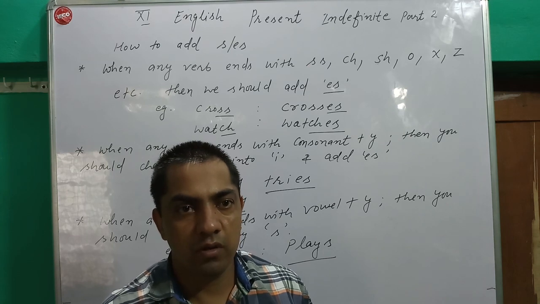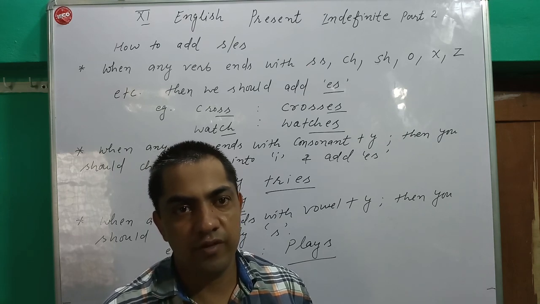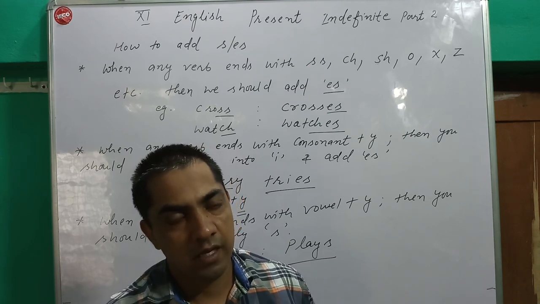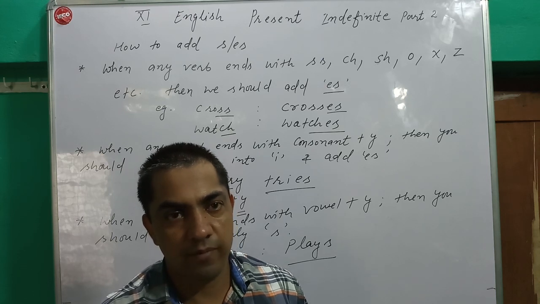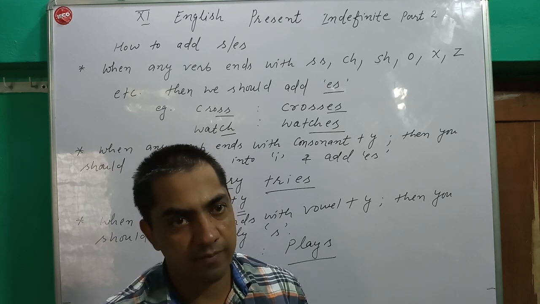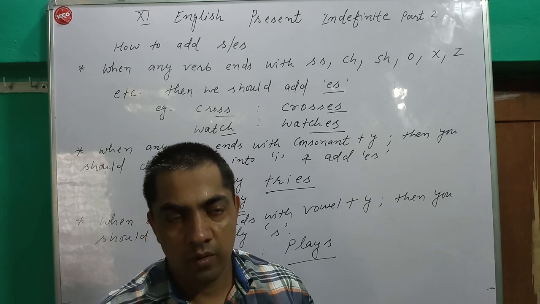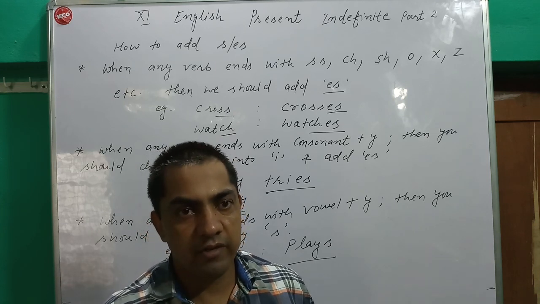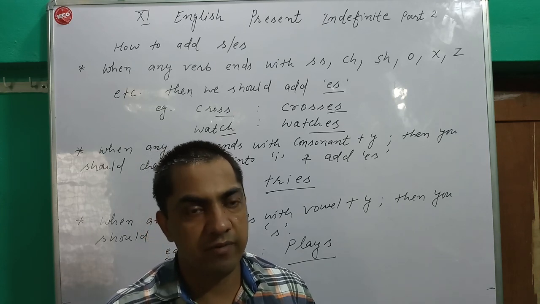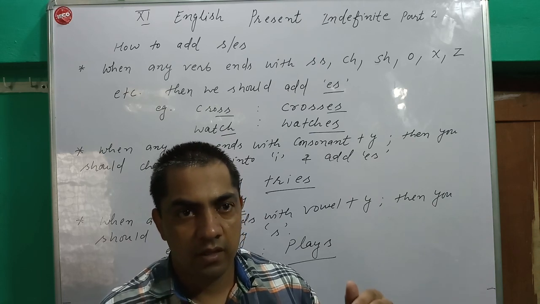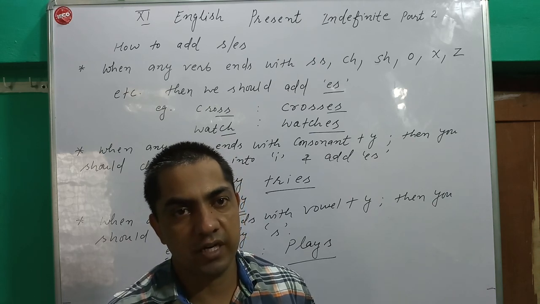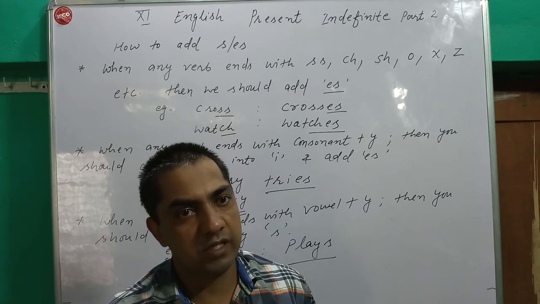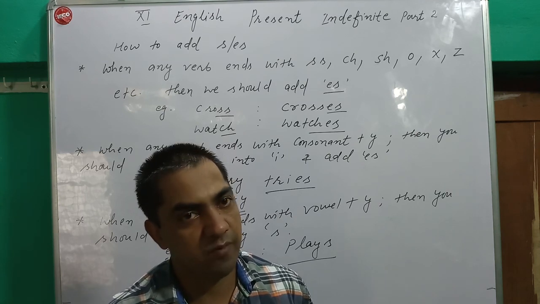For the rest of the subjects like I, we, you, they, any plural thing, in simple sentences you should apply only the first form of the verb. Okay. In interrogative sentences and interrogative plus negative sentences, when the subject is I, we, you, they, any plural thing, you should apply do plus the first form of the verb.